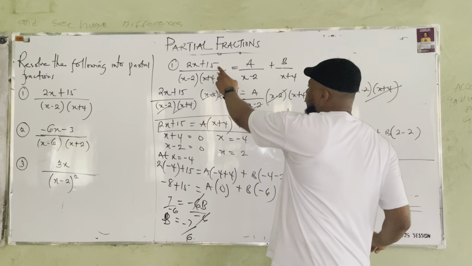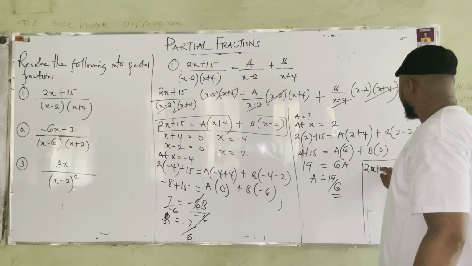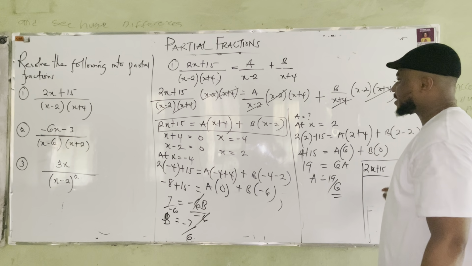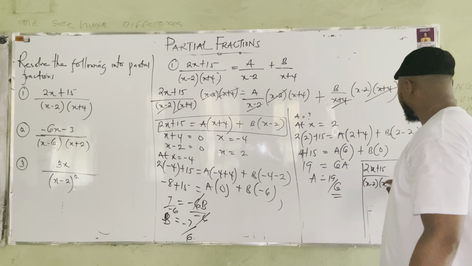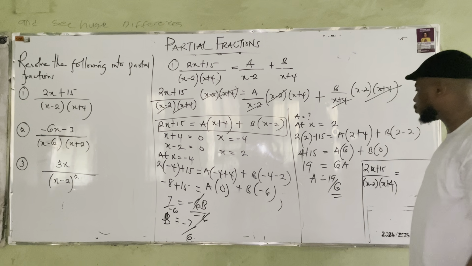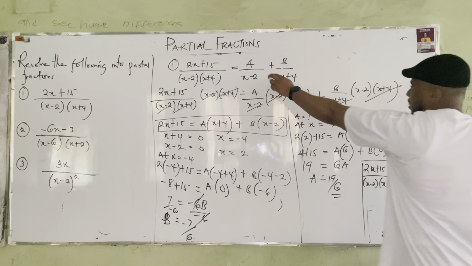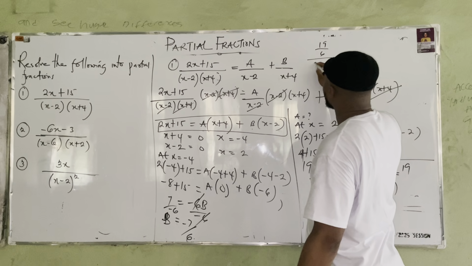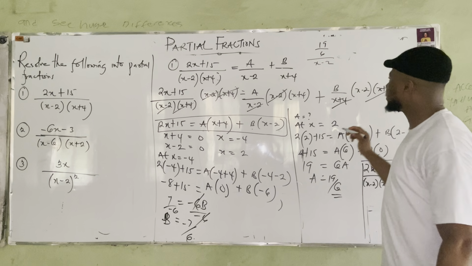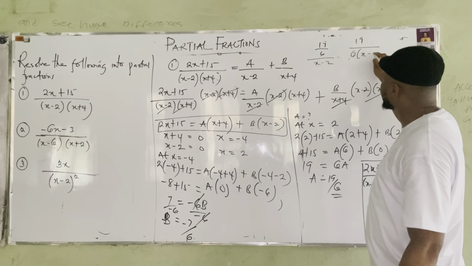So we'll now come back to the major expression and say 2x plus 15 divided by x minus 2, x plus 4 will be equal to, okay, a was 19 over 6. We'll now replace this a with 19 over 6, but we don't write 19 over 6 over x minus 2. It's very wrong. Instead, we take only the numerator 19, then divide by 6 bracket x minus 2.